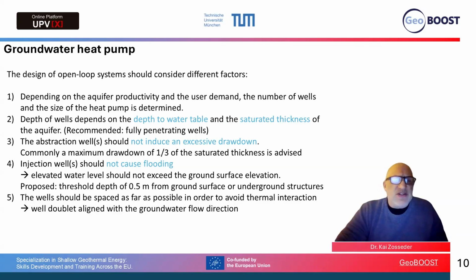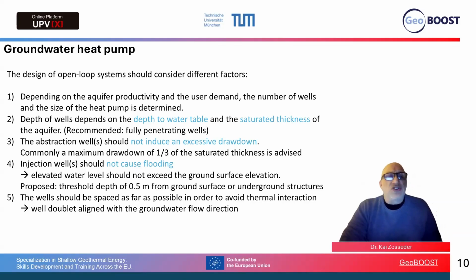Then, of course, with the abstraction well, you should not use all the water that you have, so not pump the aquifer dry. Normally it is recommended that you have a maximum drawdown of one third of the saturated thickness. This also guarantees that you have enough water for the groundwater heat pump if we have a dry season or something like that.